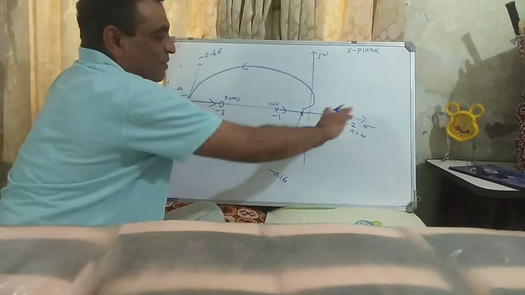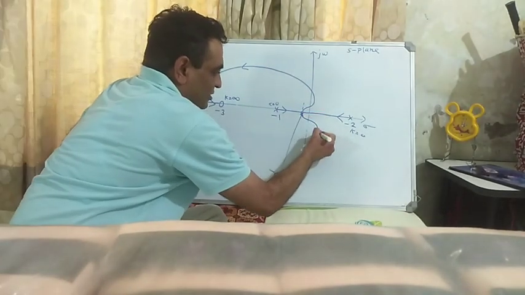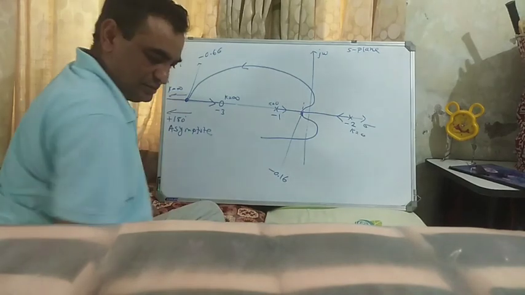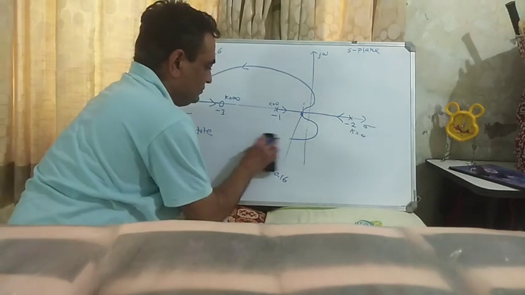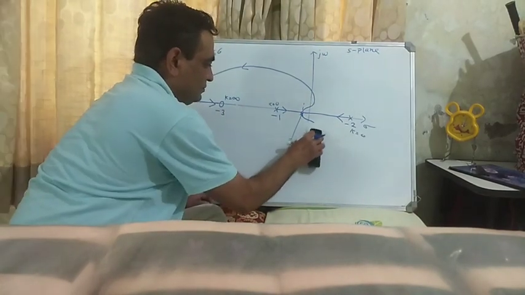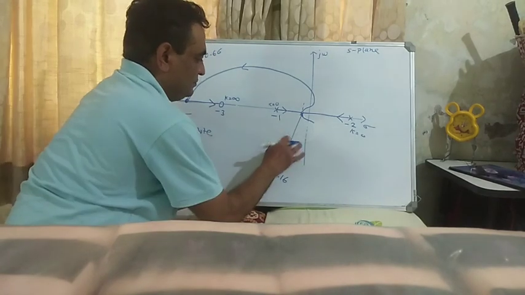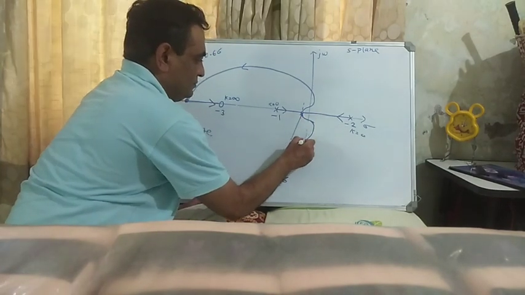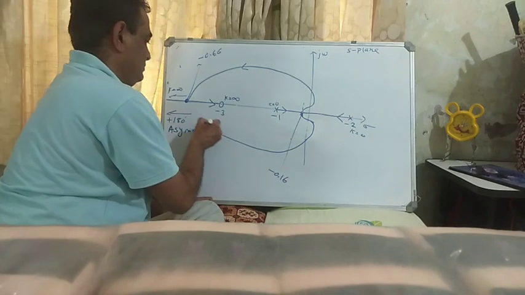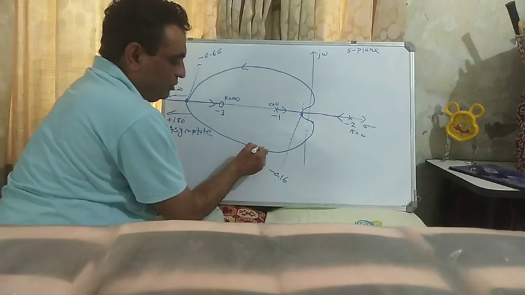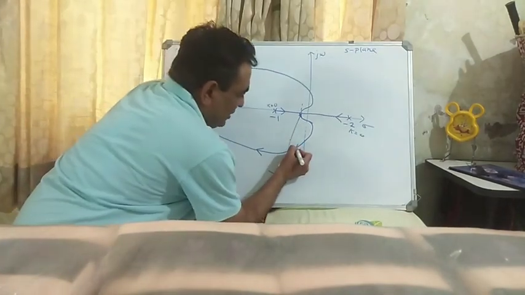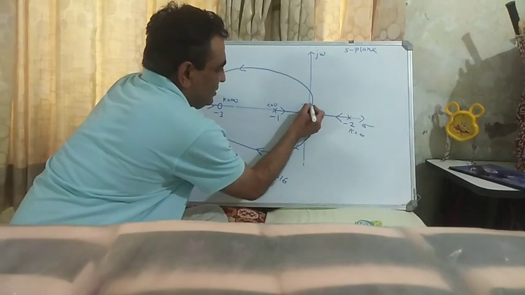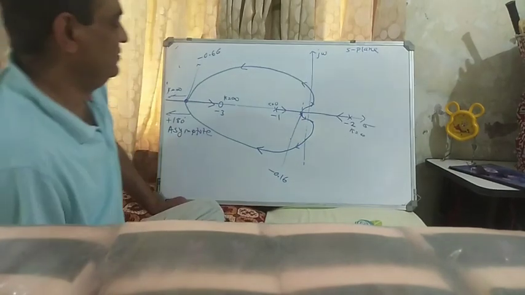It is symmetrical. Root locus is symmetrical about the real axis. You can draw it like this now. You need to put arrows, like this, like this, like this.